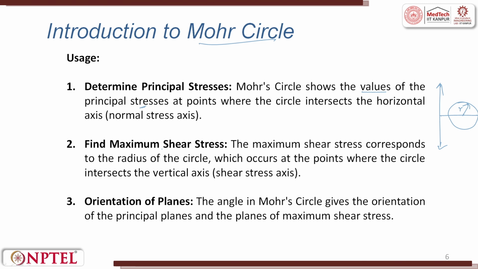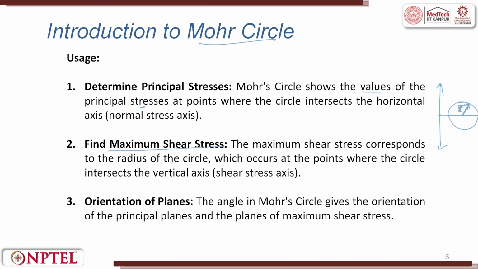It helps in finding maximum shear stress, right? The maximum shear stress corresponds to the radius of the circle, tau, which occurs at a point where the circle intersects the vertical line. So, it is here, but in the representation I am saying R is here.